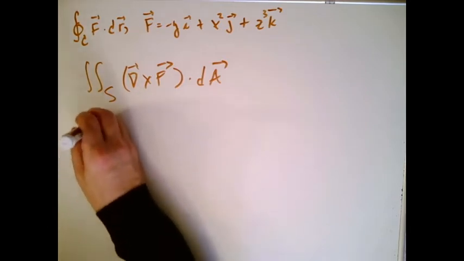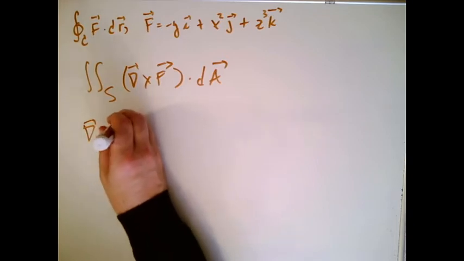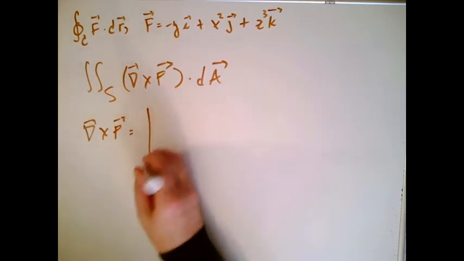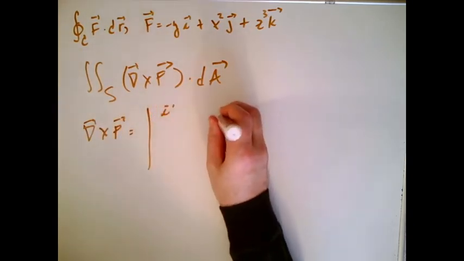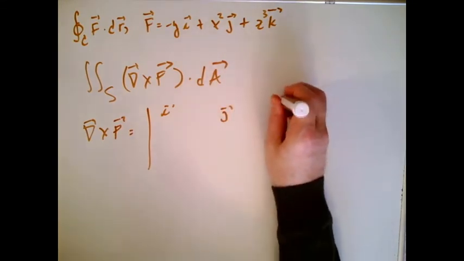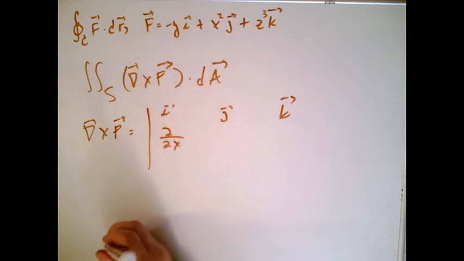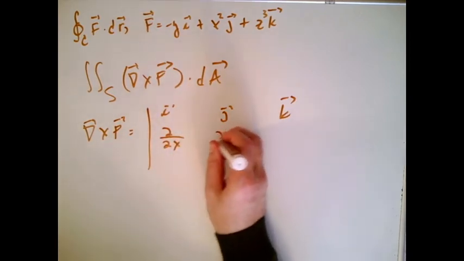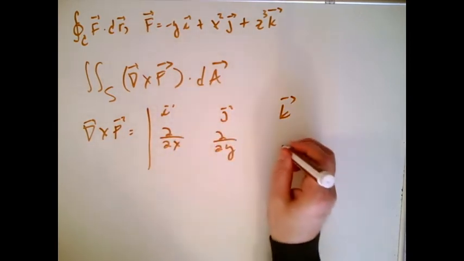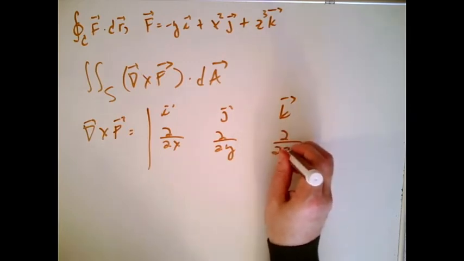Calculating the curl. I know this is a cross product. We know how to calculate a cross product. We want to put i here and j here and k here. We want the del operator as the second vector. So it's the partial with respect to x of, the partial with respect to y of, the partial with respect to z of.